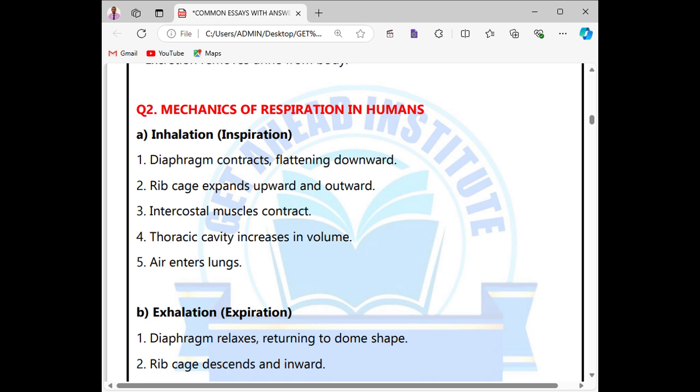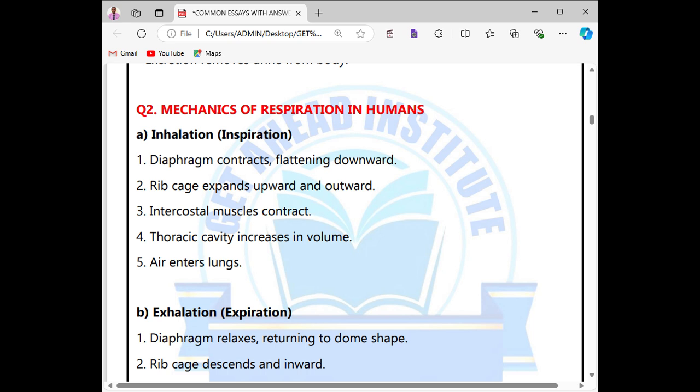This part, mechanics, if you can link it to physics, has to do with things like force. Just to try to make sense: mechanics has to do with the movement of muscles and stuff like that. Remember, when you're talking about respiration, you have inspiration and expiration.